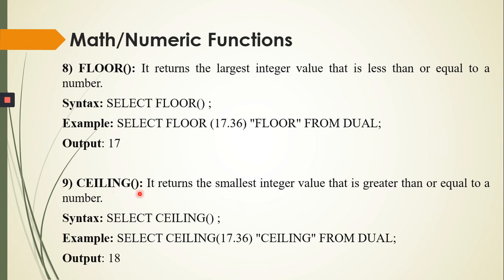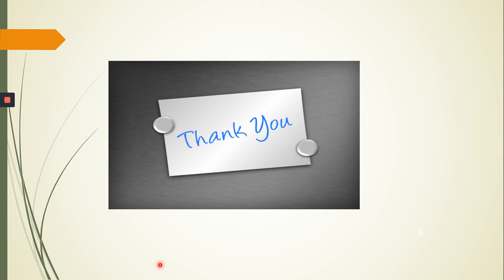The ceiling function returns the smallest integer value that is greater than or equal to a number. Select ceil in the bracket 17.36, then it will give the output 18, from dual. So these are all the numeric functions used in SQL. Thank you.